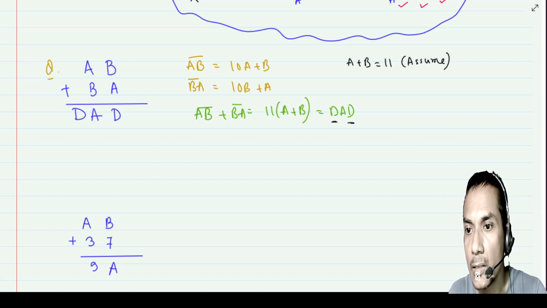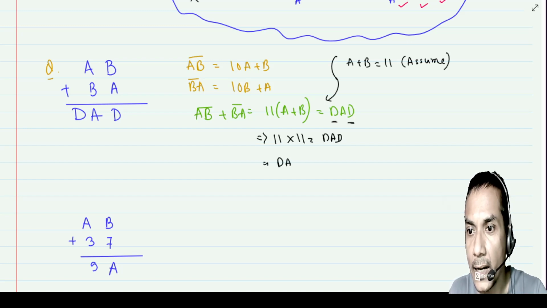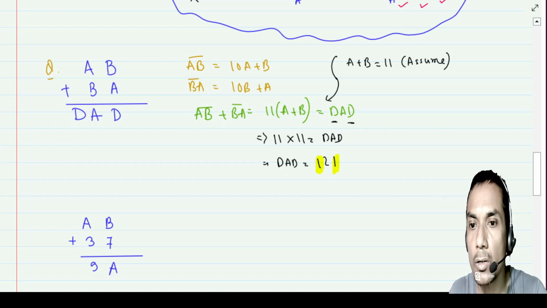Then what will happen? If we put the value here, we get 11 into 11 is equal to DAD. So we can say that DAD is equal to 121. So let's check whether it is correct or not.